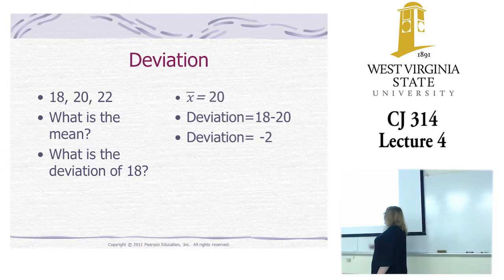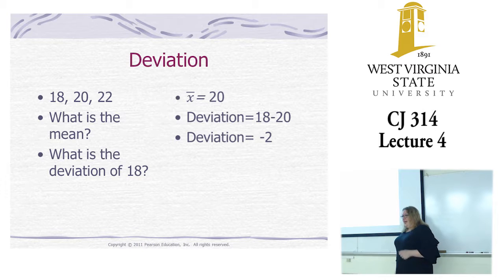So what's the deviation of 18? 18 is the x that I'm asking you about. So we're going to do the x minus the mean. 18 minus 20. What do we got? Negative 2. Negative 2 is the deviation of 18. Not bad, right? We got this? We okay to move on?